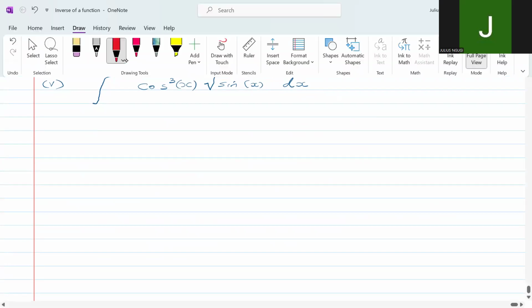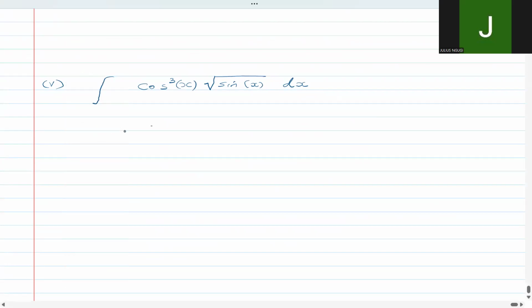Let me change colors to blue. So the integral of cosine x cubed, then square root of sine of x. This can be written as cosine x, all this cubed, then sine x, all this to the power of a half with respect to x.